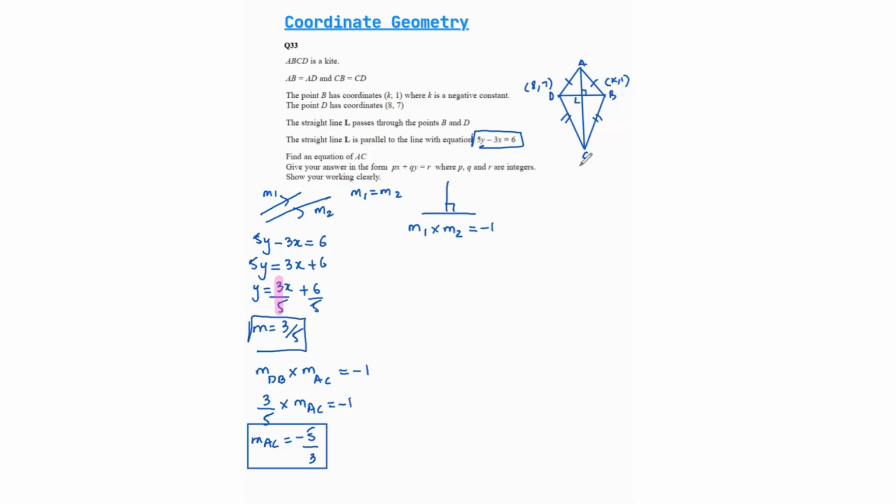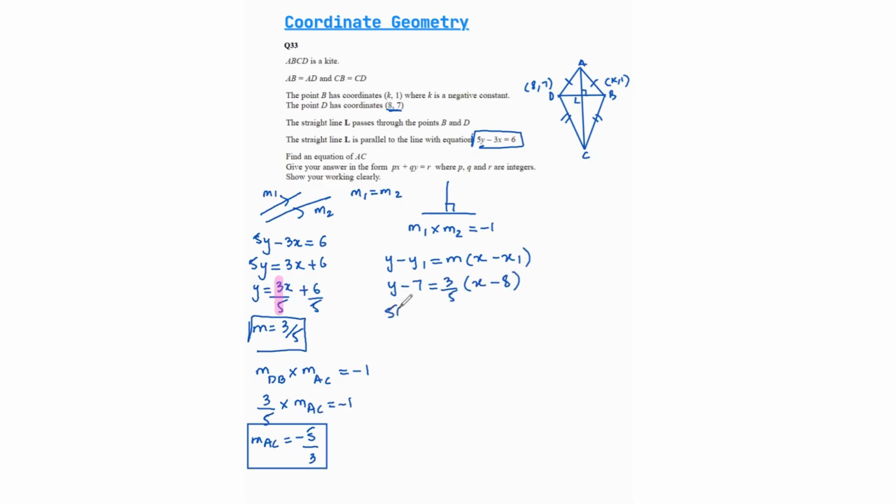Now, how do we create the equation of the line BD? We know that the gradient of the line BD is 3 over 5. We know that D has the coordinates (8, 7). So using point-slope form, which is y minus y1 equals m times x minus x1, we can find the equation of the line L, which passes through the points B and D. So y1 is 7, m is 3 over 5, and x1 is 8.